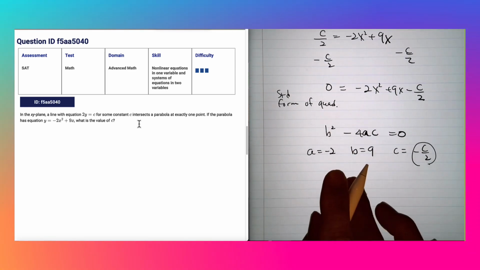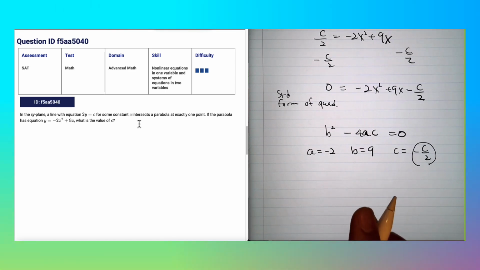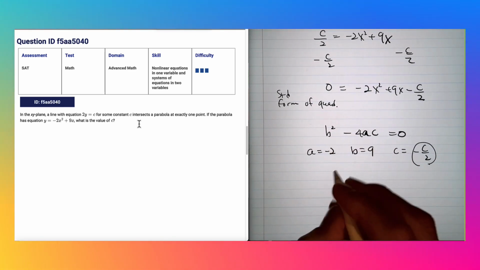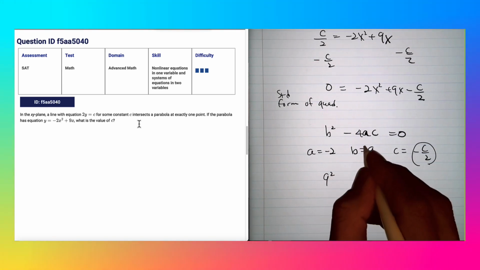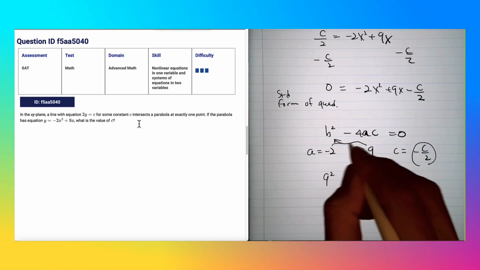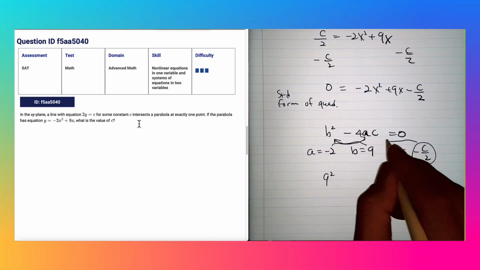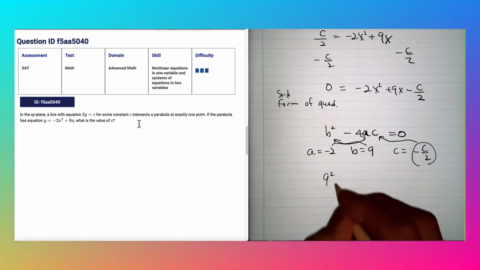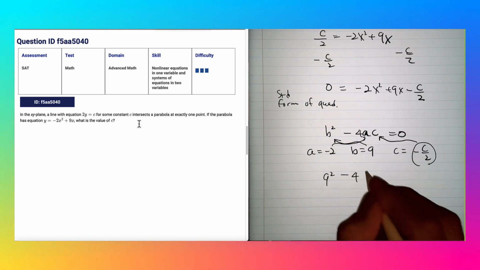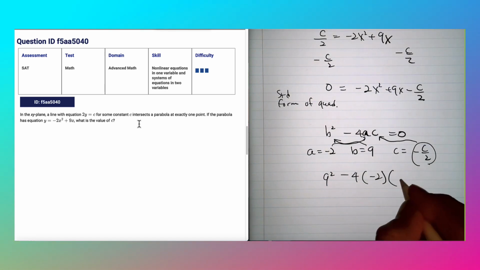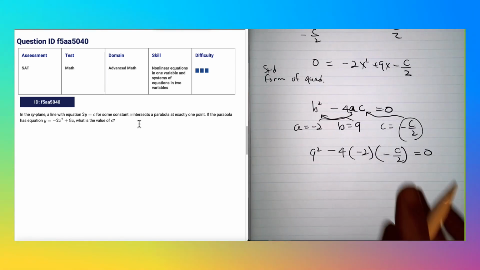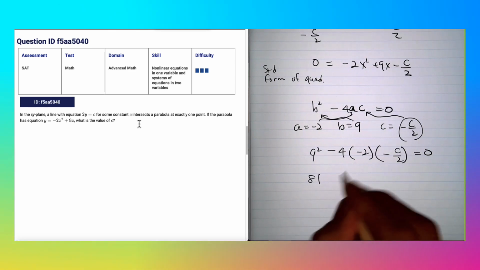discriminant formula, okay? So yes, let's plug it in. B equals 9, so 9 squared goes in here, and a goes in here, and the c goes in here. So 9 squared minus 4 times negative 2, and we plug in negative c over 2, and set that equal to 0. 9 squared is 81.